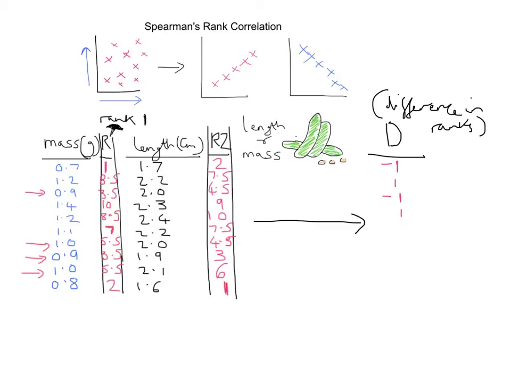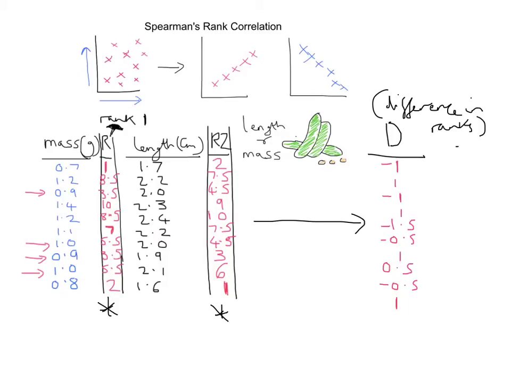We'll have a 1, a -1.5, a -0.5, 1, 0.5, -0.5 and 1. So these are our D values. What we've done is rank 1 minus rank 2 to give us these D values.